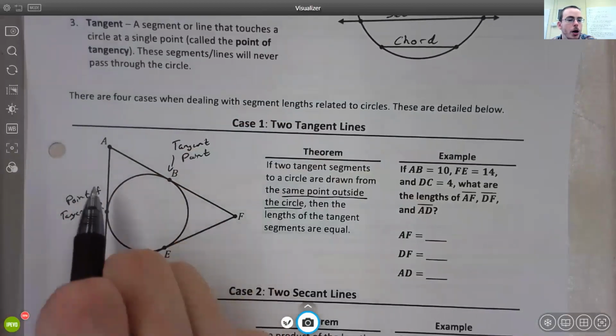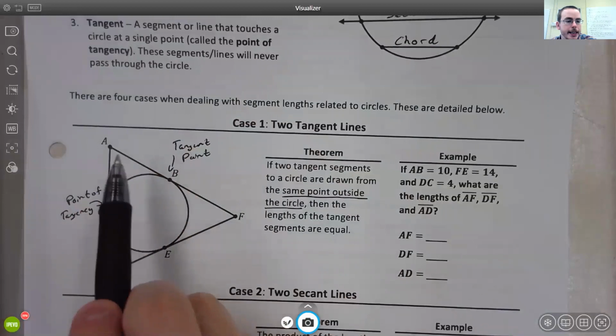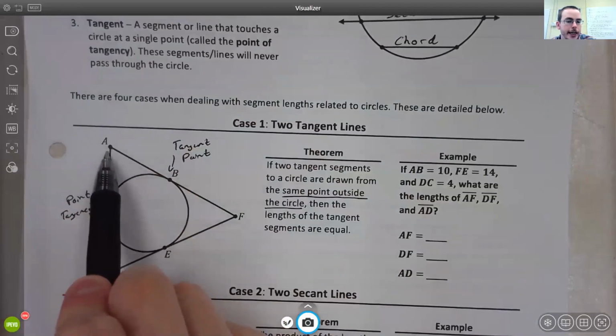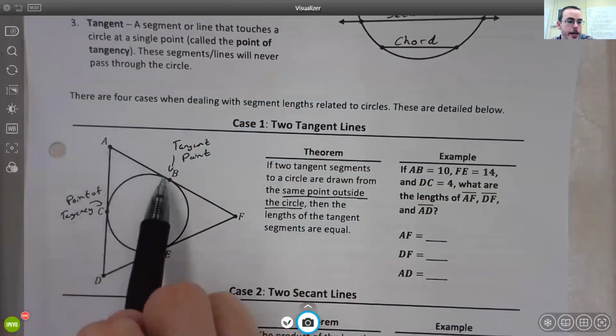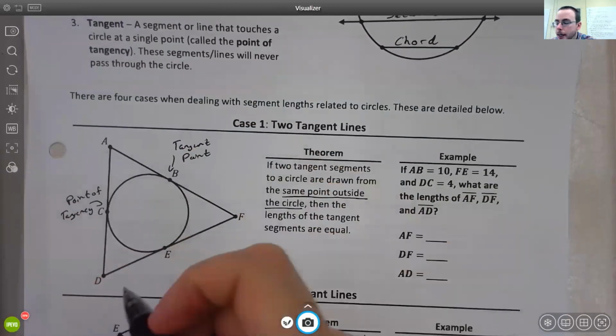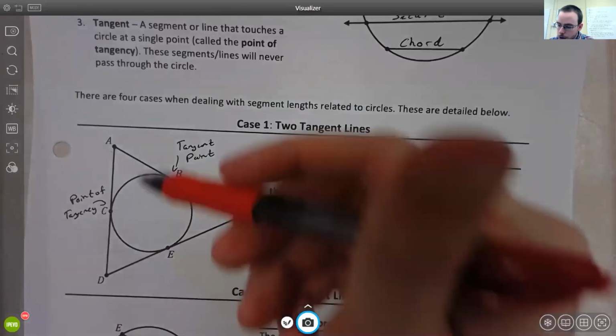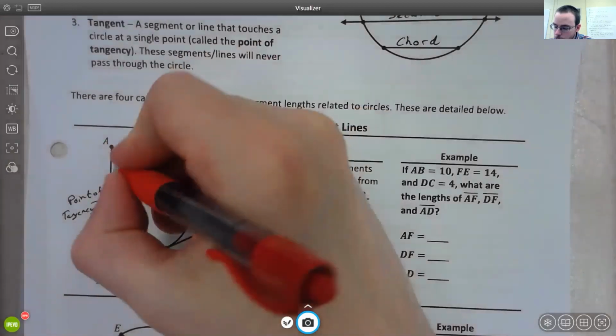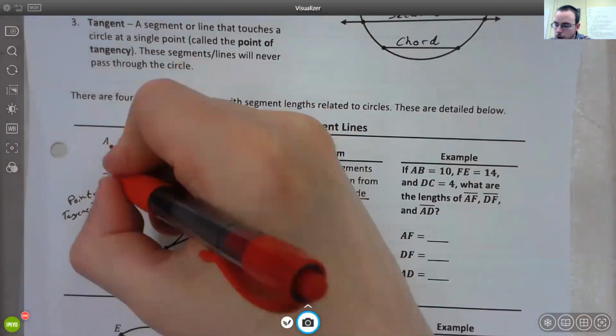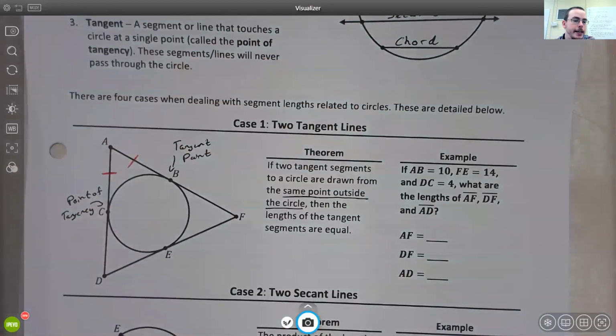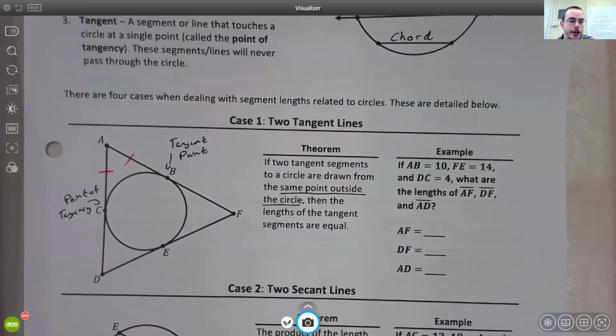So what this theorem is saying is that since they both originate from the same point outside the circle, they originate both from A, that AB and AC would be congruent. Of course, when we mark congruent segments, we mark them using little tick marks here. So AC and AB would be congruent.